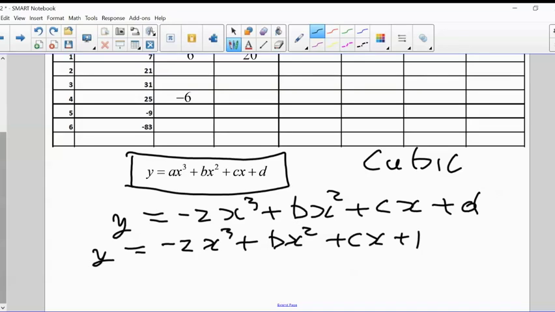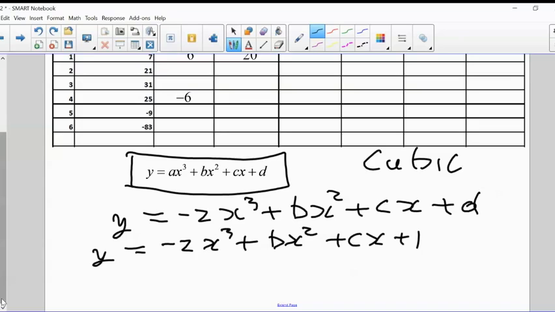So the question is, all right, so we've got the A and we've got the D. How are we going to get the rest, the B and the C? Can anybody suggest something that we could do that might give us the rest of this equation? Any ideas? The B and the C. Any suggestions as to how we can get the rest of this equation?